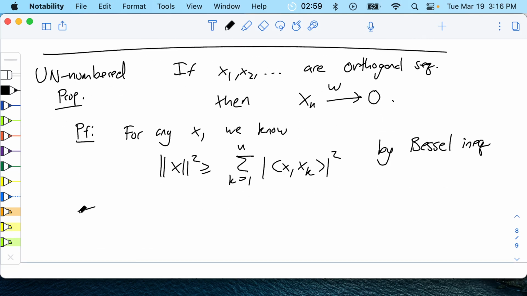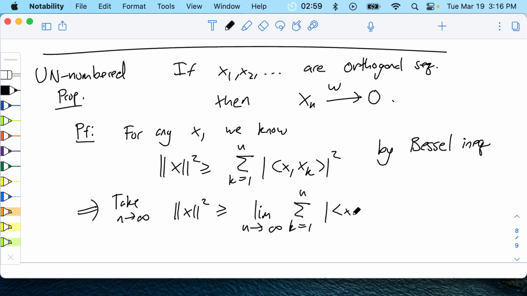And therefore, taking the limit as n goes to infinity, the norm of x squared is greater than the limit as n goes to infinity of the sum from k equals 1 to n of xk squared. If this limit exists, it is increasing and bounded above, and therefore it exists. That's the monotone convergence theorem for real-valued numbers. But in any case, these numbers better go to 0. If they didn't go to 0, then this thing would explode to infinity, and it wouldn't be bounded.